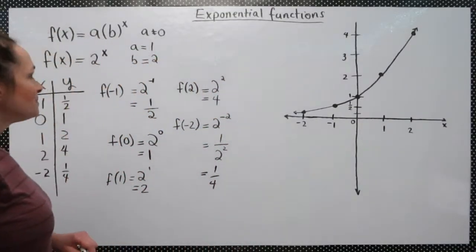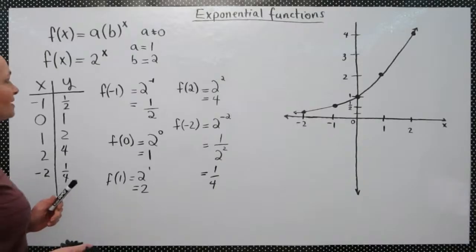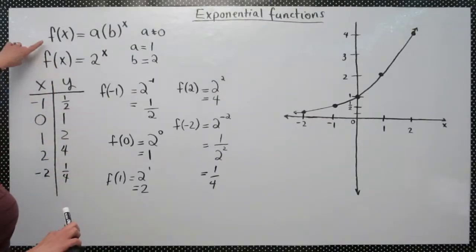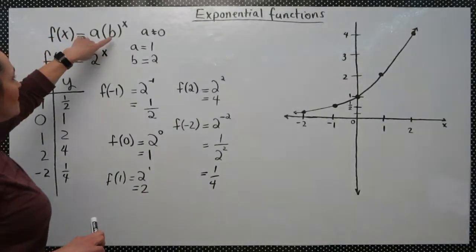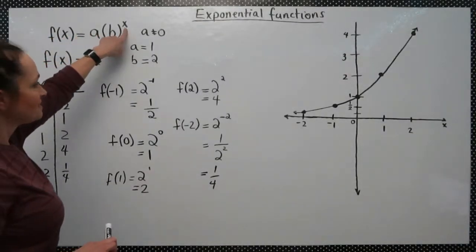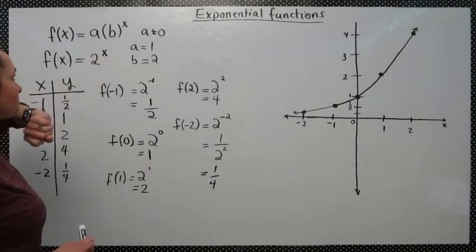So the exponential function is in this form: f of x equals a times b raised to the x.